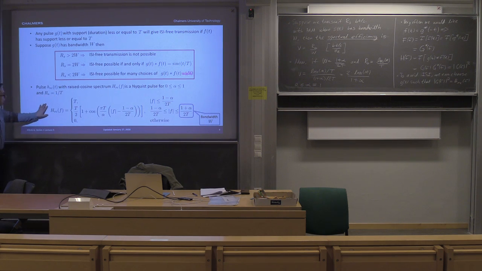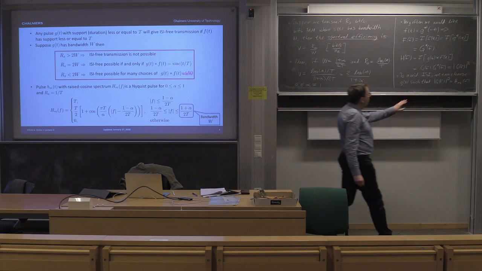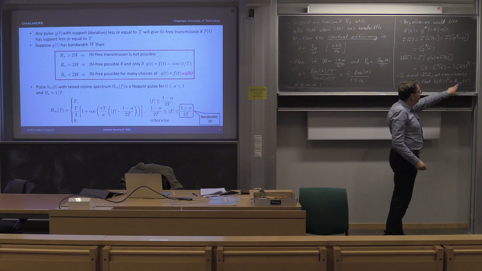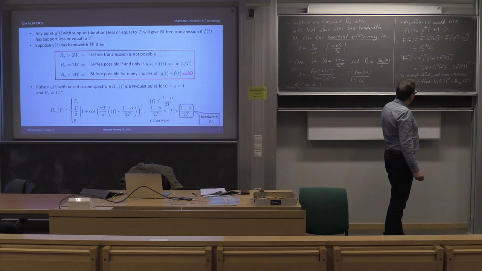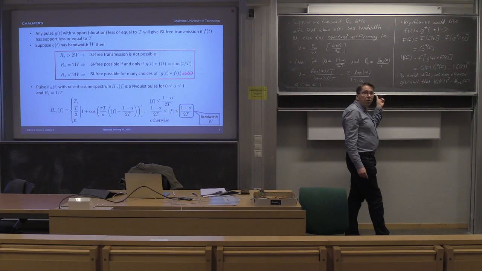Why is this? We know that the pulse HRC has this Fourier transform, and we know that this is a Nyquist pulse. Okay, so if we then can pick g such that its Fourier transform magnitude squared is equal to this HRC, then we know that we will not have any intersymbol interference.